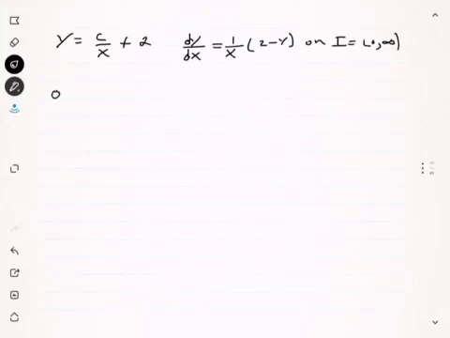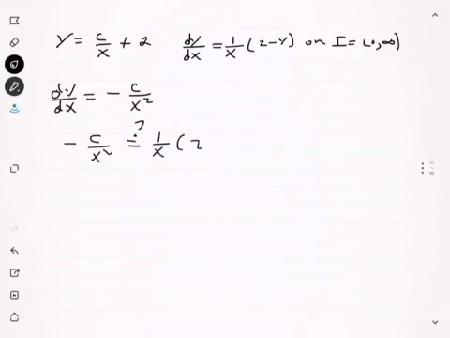So we need to find dy dx, and that's just equal to minus c over x squared. So plugging this into the differential equation, we get minus c over x squared, and we want to see if this equals 1 over x times 2 minus y, where y is c over x plus 2.